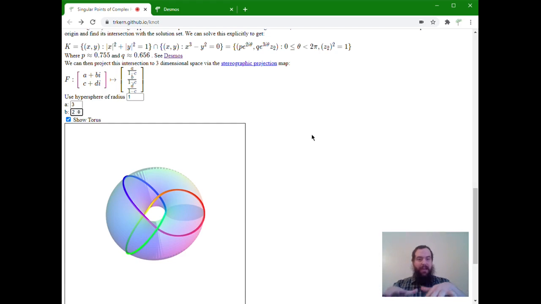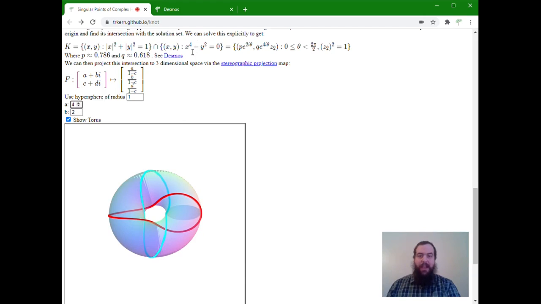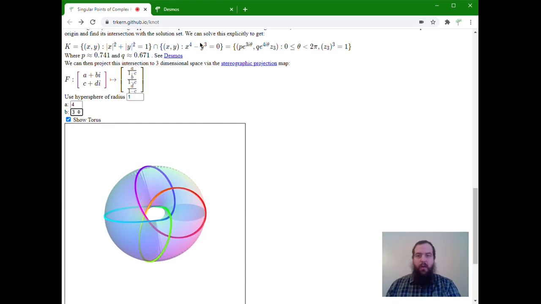We took the solutions to a polynomial. It was a really simple polynomial. We started off with x cubed minus y squared is equal to 0. But as we changed a and b, that changed the exponents here. a is the exponent on x, and b is the exponent on y.